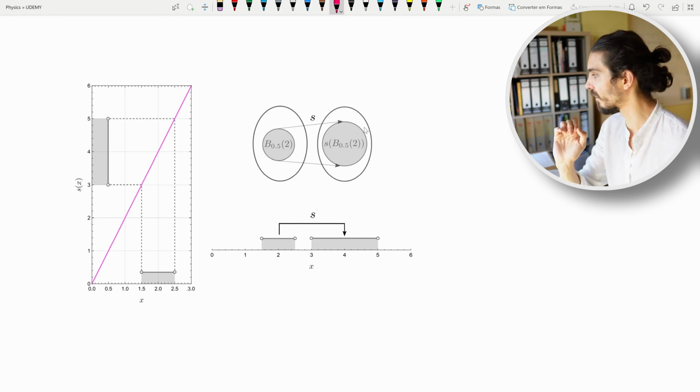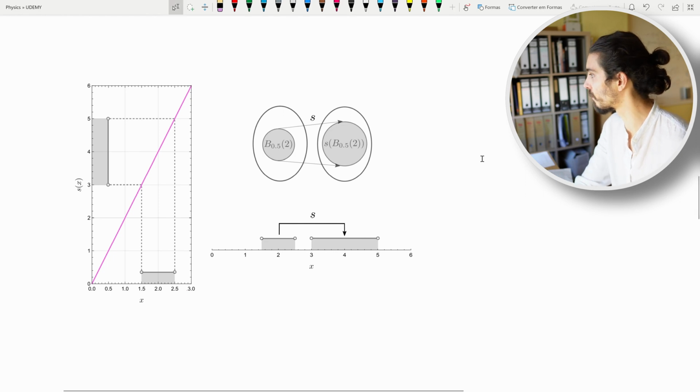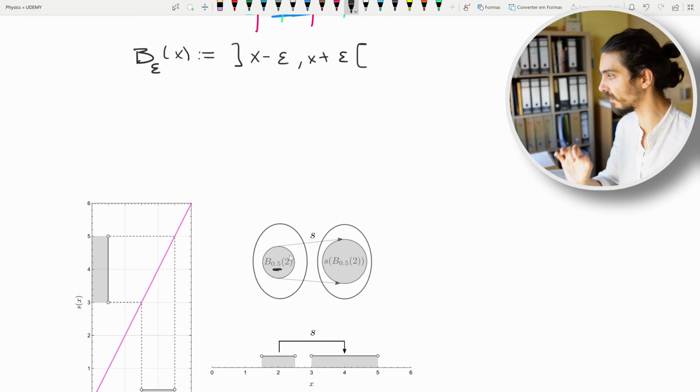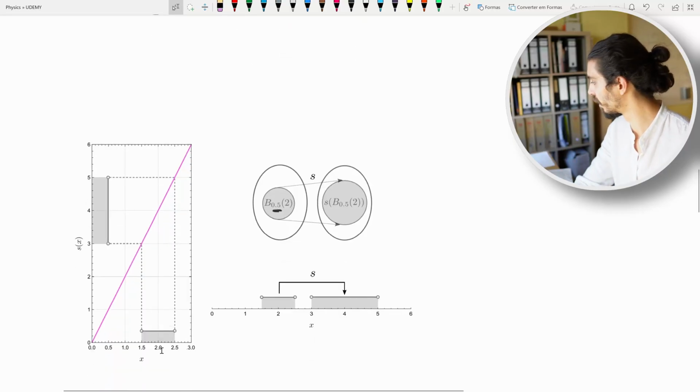In this smaller diagram, you see our set as a particular case of our set B, which has radius given by 0.5 and is centered at 2. The set here is schematically represented here.